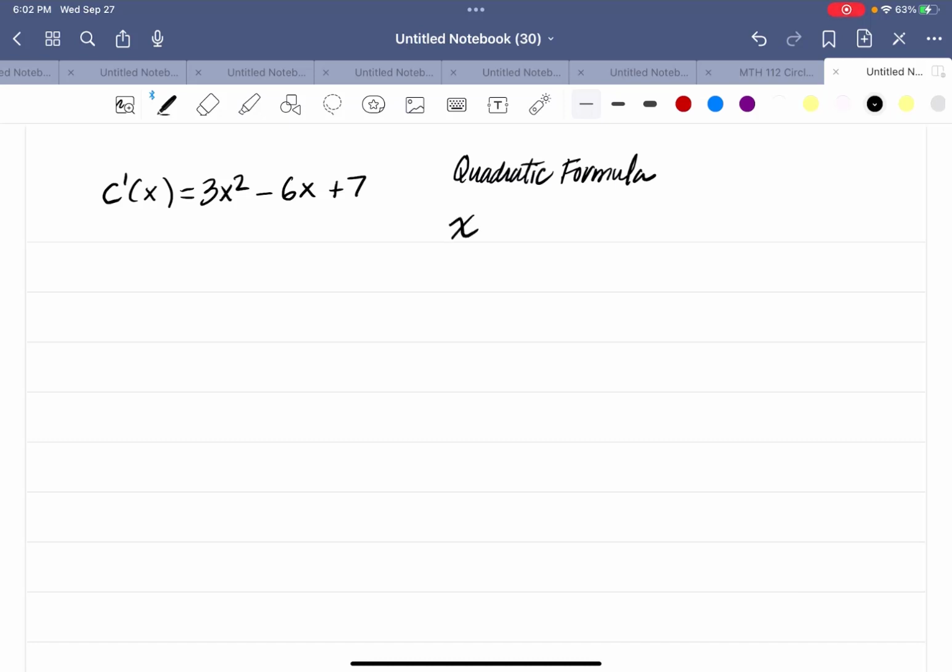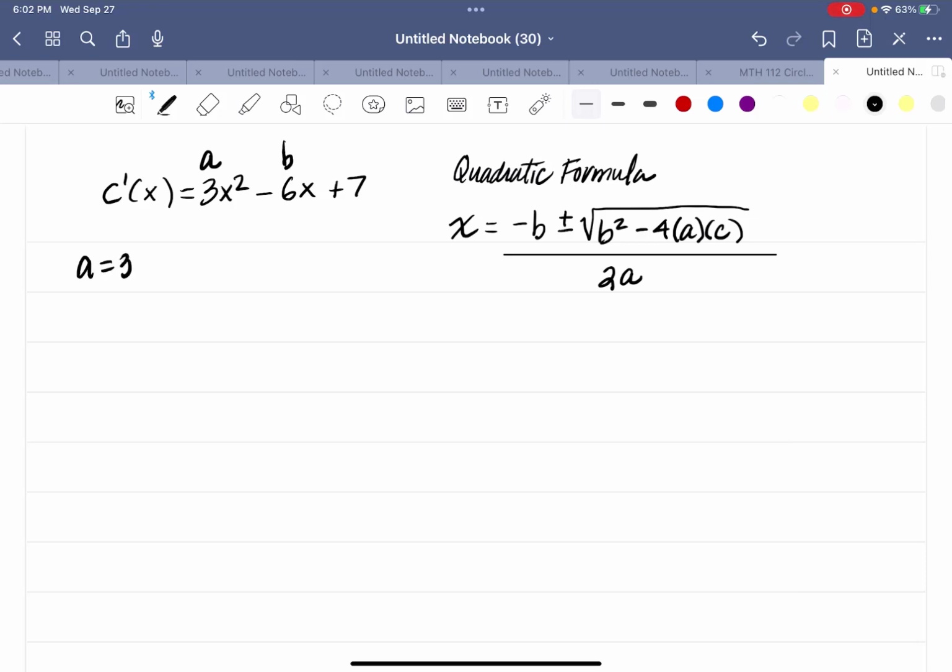If you'll recall, X is the opposite of B plus and minus the square root of B squared minus 4 times A times C, all of that divided by twice A, where A is going to be 3, B is going to be negative 6, and C is positive 7.